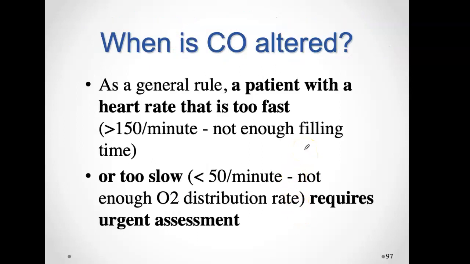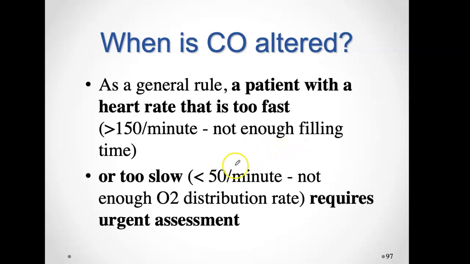When could your cardiac output potentially be altered? As a general rule, a patient with a heart rate that's too fast, perhaps so fast that there's not enough time for filling, wouldn't be able to have enough cardiac output.